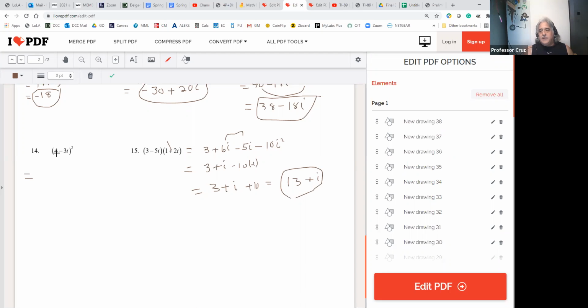So you can fill this out, but I'm going to use the formula. 4 squared is 16. 3i squared is 3i squared. I'm going to write it like this. Let me back up. I'll probably put too much. So 4 squared.